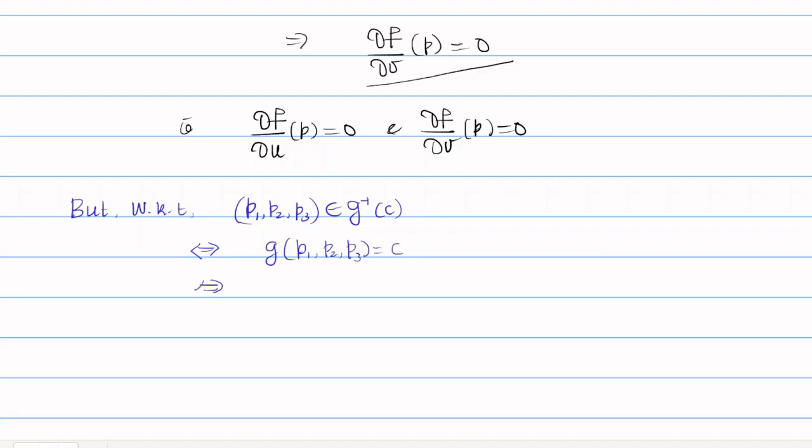If and only if இது எப்படி எழுதிக்கலாம் அப்படின்னா, that is f of p1 comma p2 square plus p3 square the whole power 1 by 2, this is equal to c. Okay, small c, இதெல்லாமே small c.